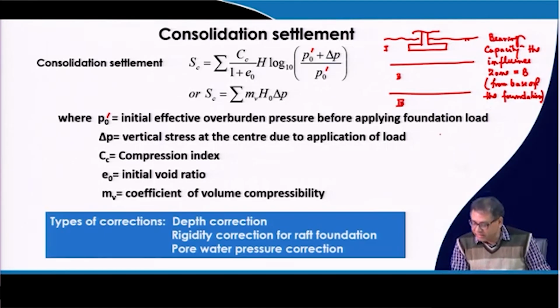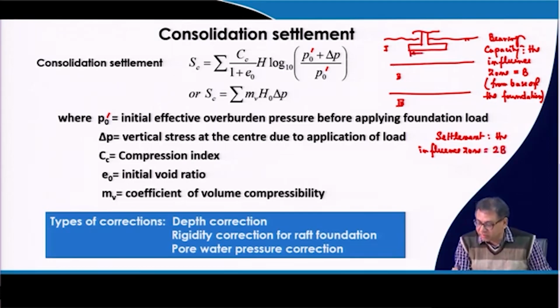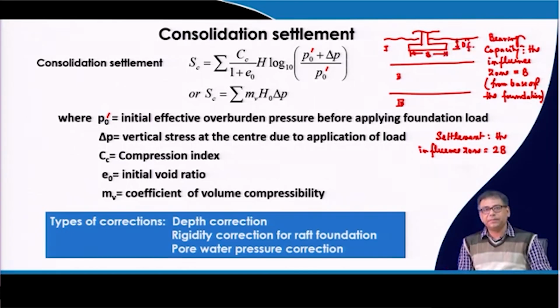But for the settlement calculation, the influence zone is equal to twice B, where B is the width of the foundation and Df is the depth of the foundation.